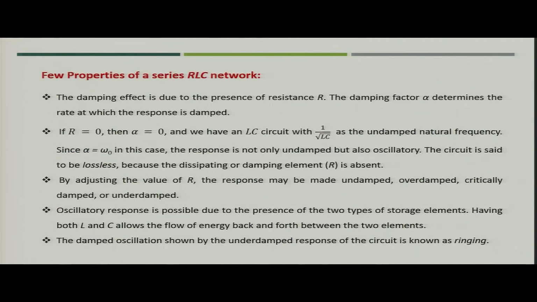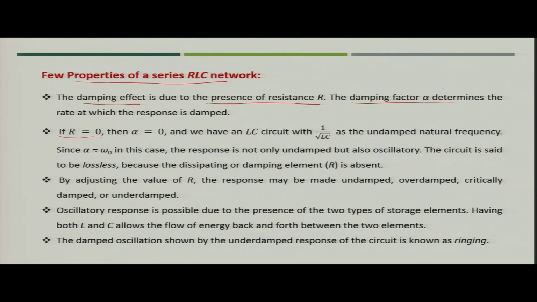Now, let us see the various properties of the series RLC network. The damping effect is due to the presence of resistance R, because the damping factor alpha depends upon resistance R. So, we can tune the value of R and get various kinds of damping effects.